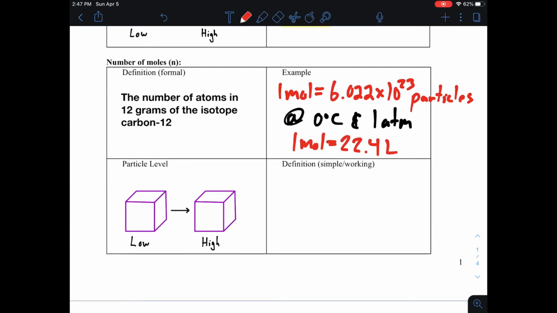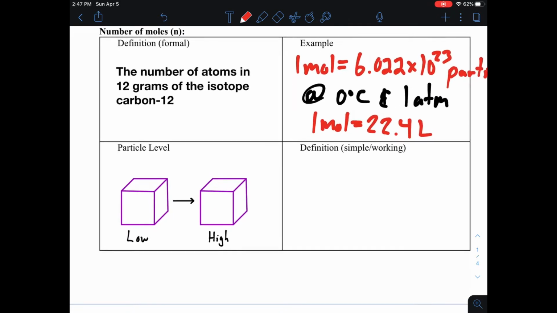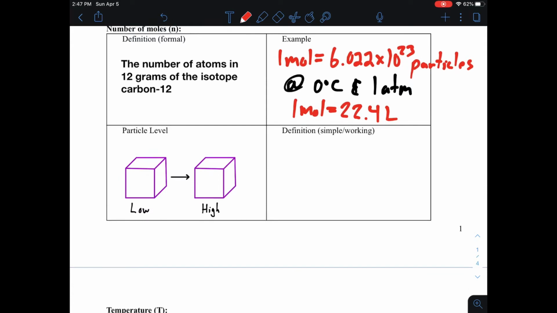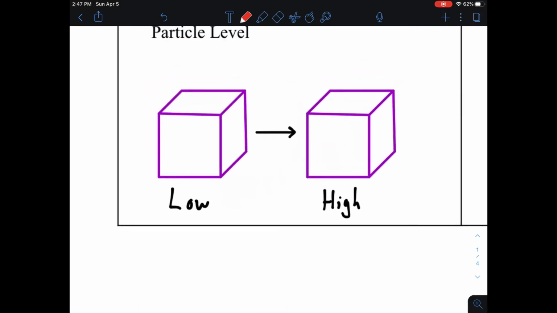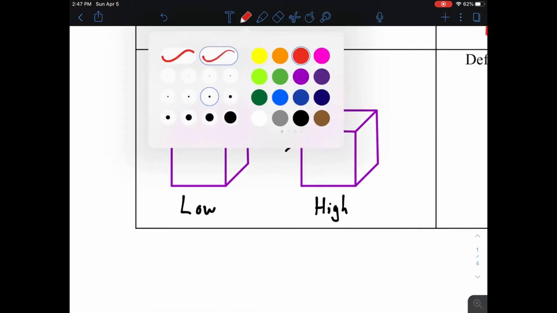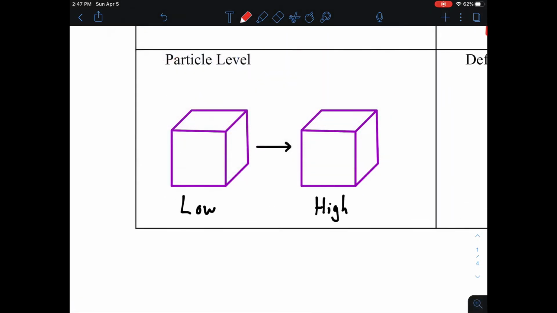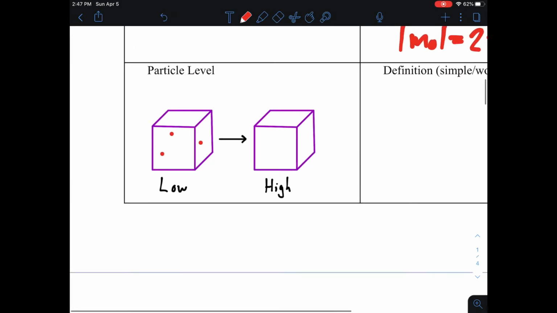So it takes up a certain amount of space. So let's draw what this would look like at the particle level. Remember, we can't see this with our own eyes, so we're imagining what it would look like. In the box on the left-hand side, let's draw 3 particles. And on the right-hand side, let's draw 6.